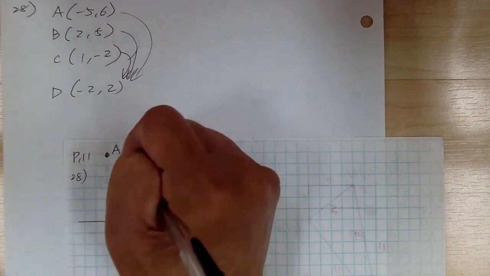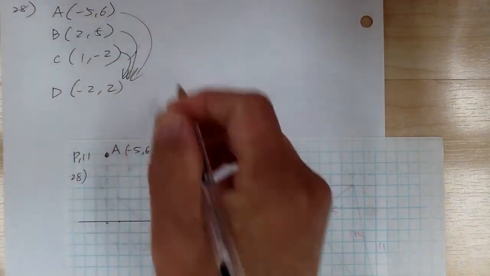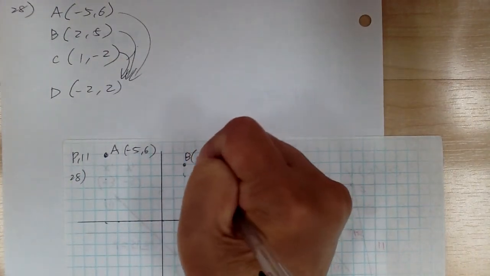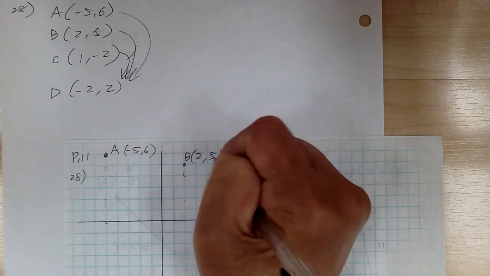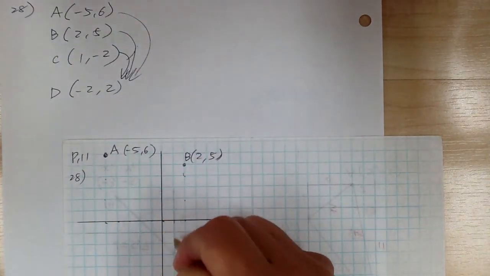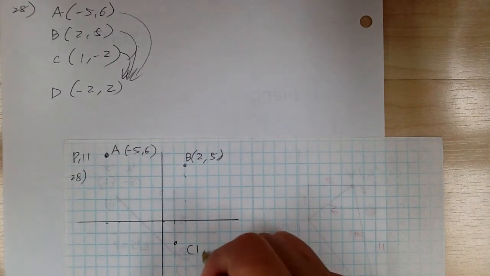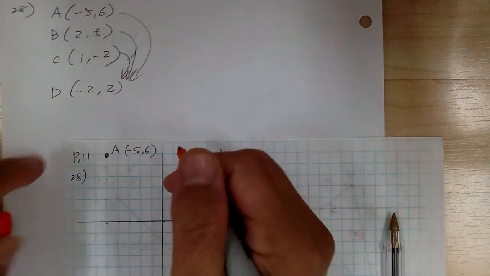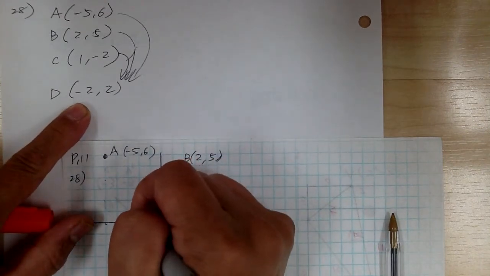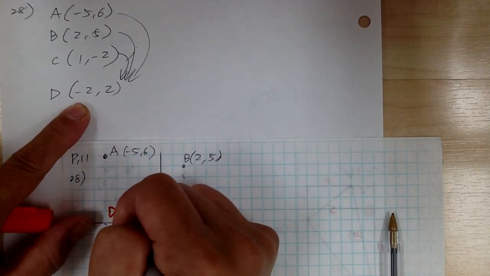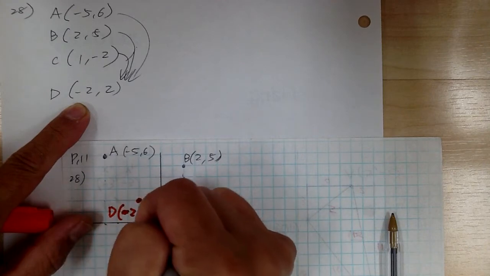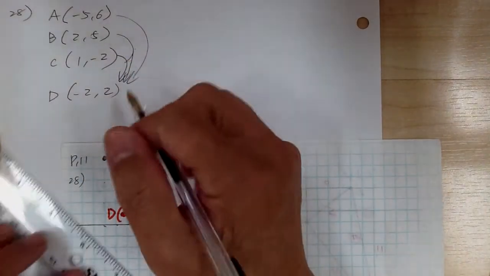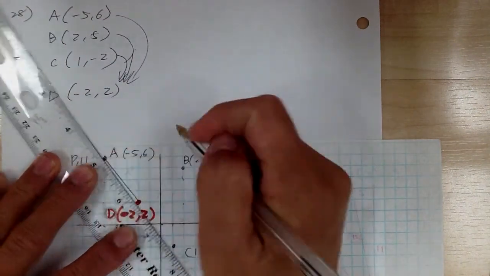So here's your point A. B is 2, 5. C is 1, negative 2. And I'm going to use this one to get D. So D is negative 2, 2. So that way I know that is a reference point. Okay? So you want to find out all these distances, are they equal?